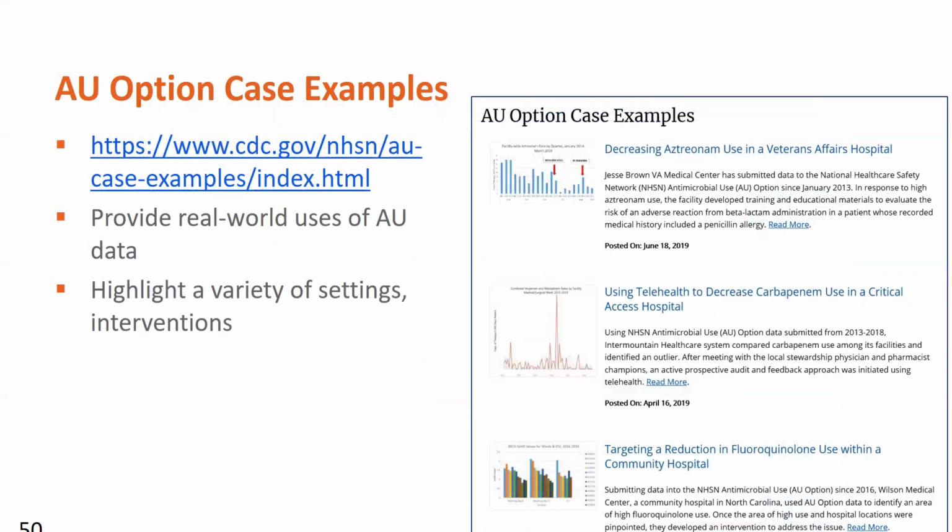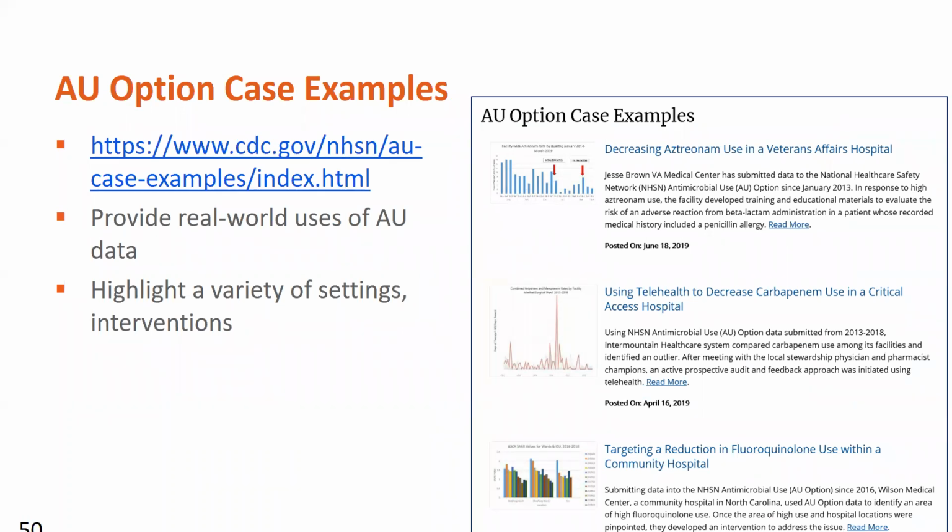So the AU option case examples are one super great resource that I did want to point out for you. I have the direct link on this slide, but you can get there from the NHSN AUR module homepage as well under supporting materials. We have 3 examples so far, and we're working on a 4th example right now.